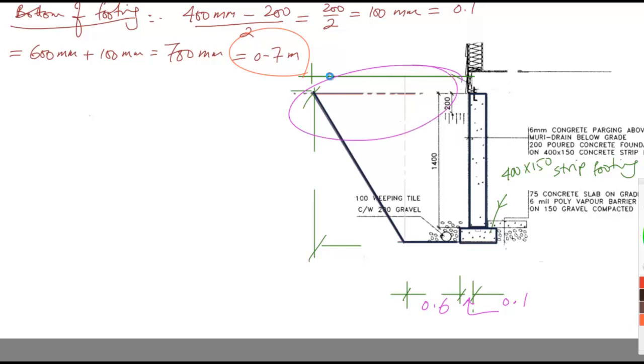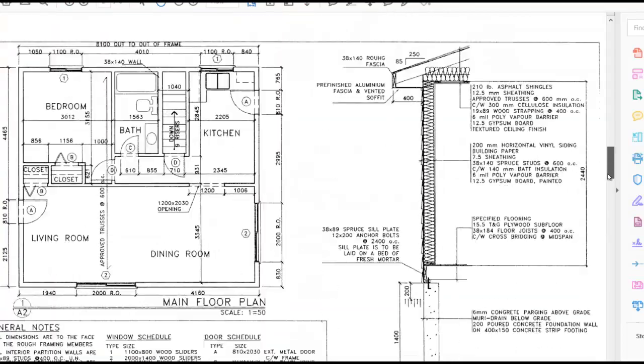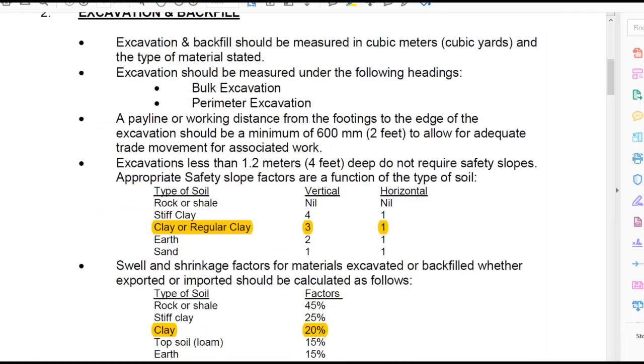Now for this part, there are many factors involved here. The type of soil is what will decide this inclination for the excavation. And the soil that we have for this project, again we go back to the project itself. So the project here says that the type of soil is given in the specs, in the specification. Say it is a clay. So for clay, this inclination is defined by these rules.